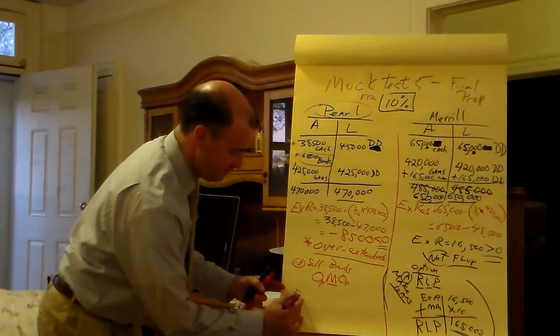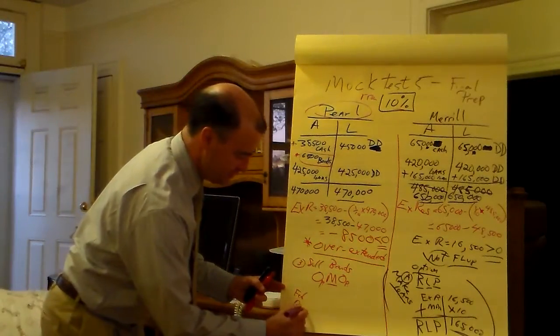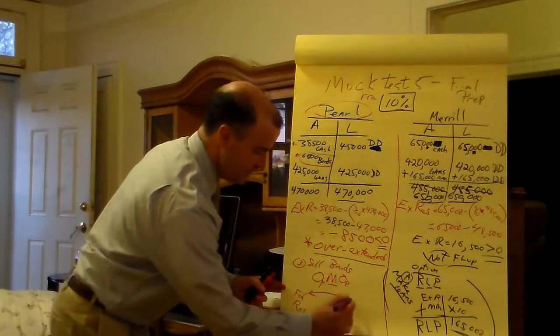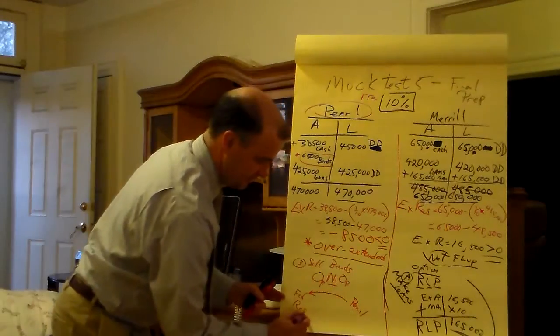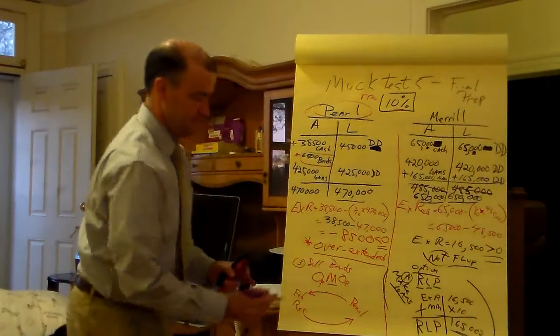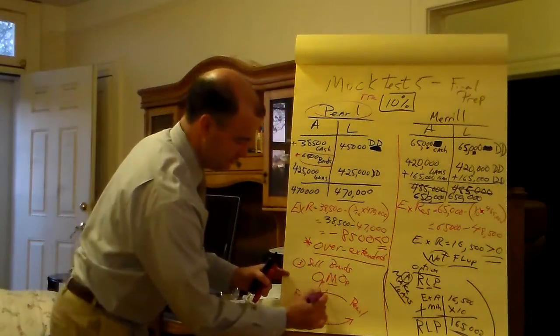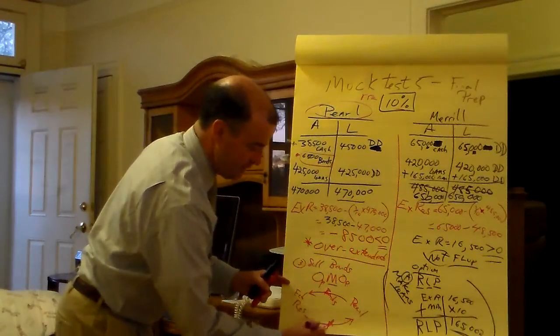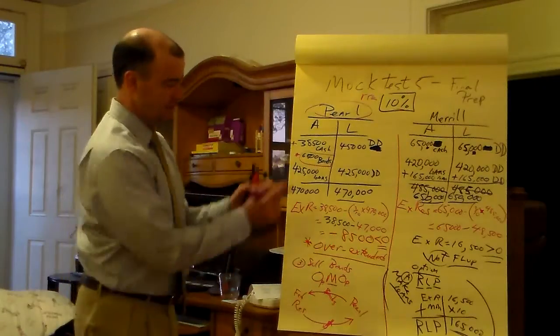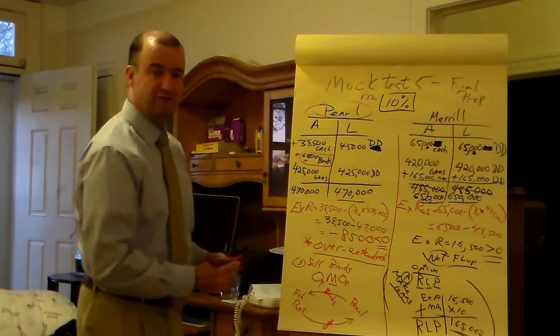The Federal Reserve, I always draw it on the left, is going to receive from Pearl in a transaction bonds. The Fed is going to buy those bonds with cash. That's the figure, $6,500.